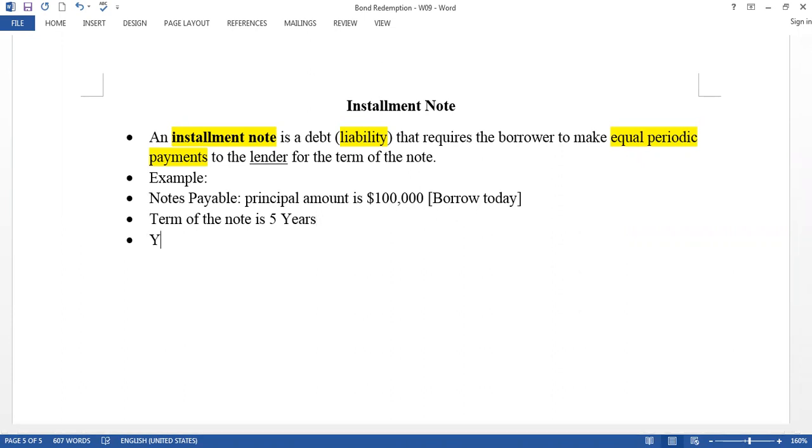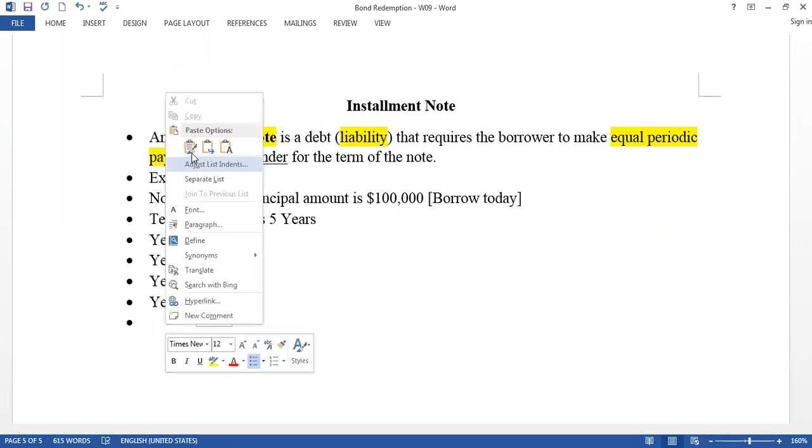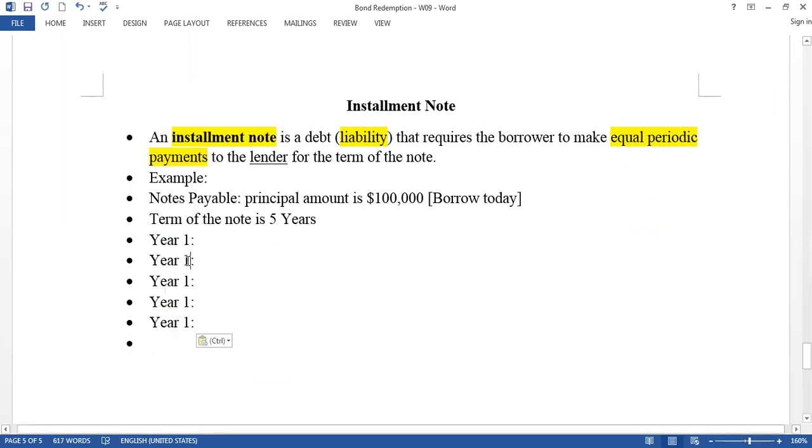So year one, and as it is a 5-year loan, we make it year 5.